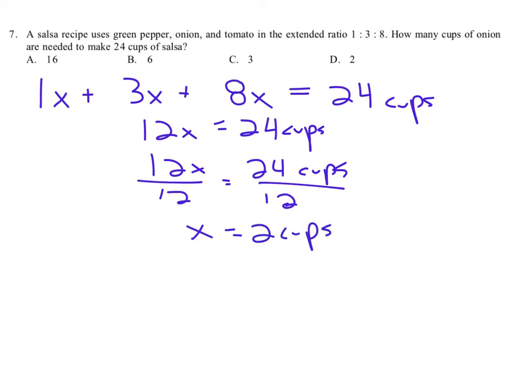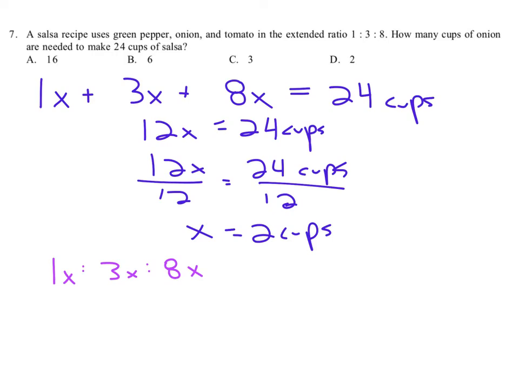So we know that if we wanted to take that original extended ratio of 1x to 3x to 8x, which when you divide all those values by x, you get 1 to 3 to 8. They're looking for how many cups of onions.